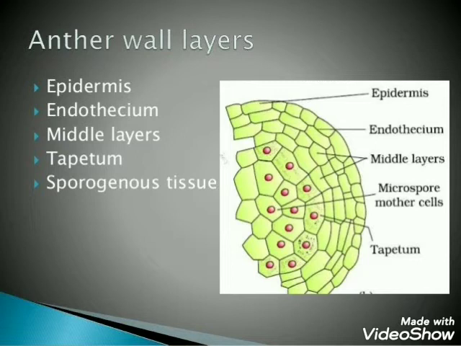It provides nourishment to the developing pollen grain. The center of each microsporangium is filled with closely arranged similar cells called sporogenous cells. At maturity, a pollen sac is formed by fusion of 2 microsporangia in each lobe.